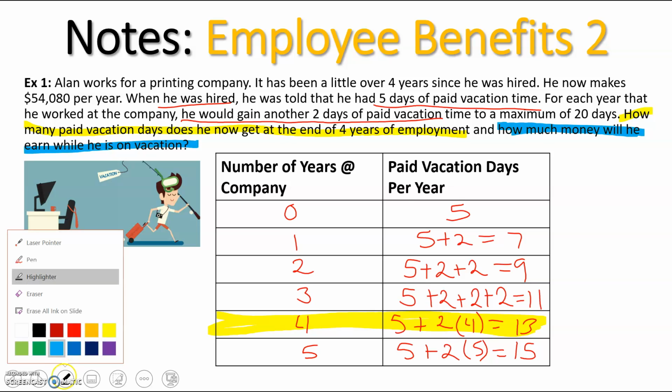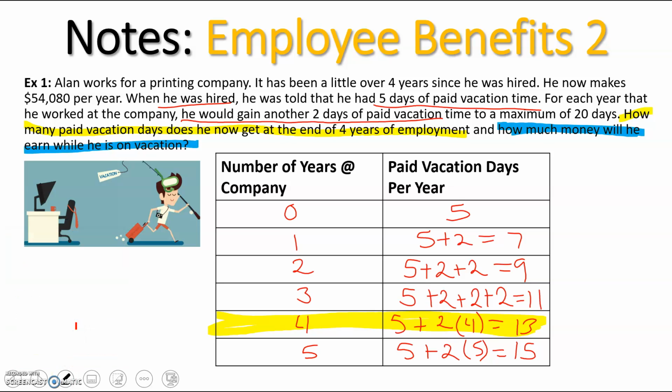So he generally gets paid how much per week? His regular pay is $54,080 per year. There are 52 weeks in a year.